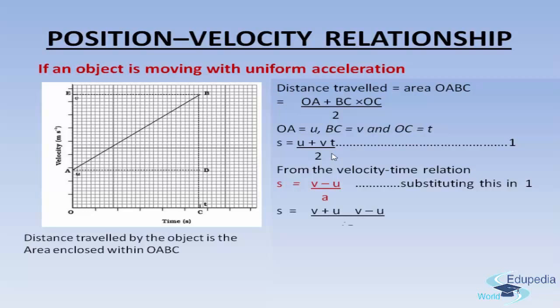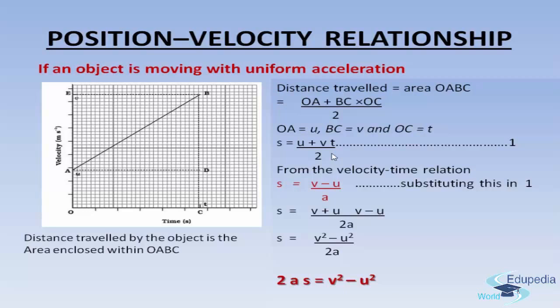So now if we substitute this value in the first equation, then we get S is equal to V plus U into V minus U divided by 2A, and that comes to be V square minus U square divided by 2A, right? So this is our third equation of motion, which says that 2 into acceleration into the distance is equal to the square of the final velocity minus the square of the initial velocity.